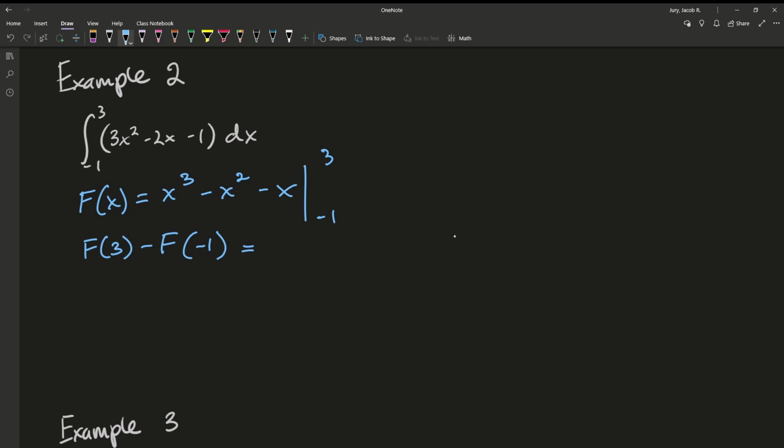So that's what I'll do. I'll say 3 cubed minus 3 squared minus 3, and then I have to subtract the new evaluated integral at -1. So I'll put in -1, cube it, minus -1 squared, right?